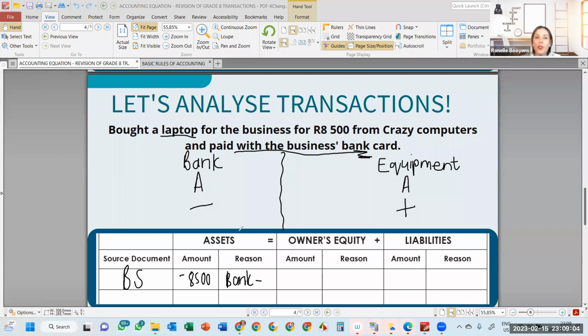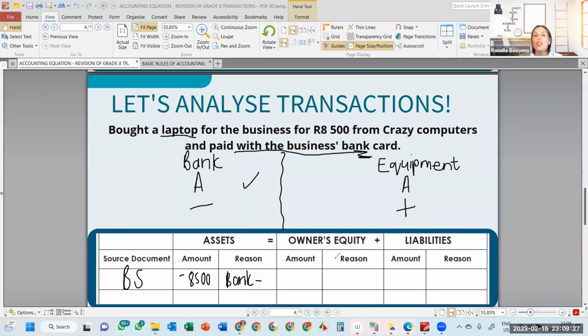Now, good. Did anything happen to owner's equity? Because usually we must write under assets and owner's equity. But do you see, grade 9s and grade 8s, that this is not owner's equity? Equipment is an asset. So can I write under owner's equity? No, I can't.